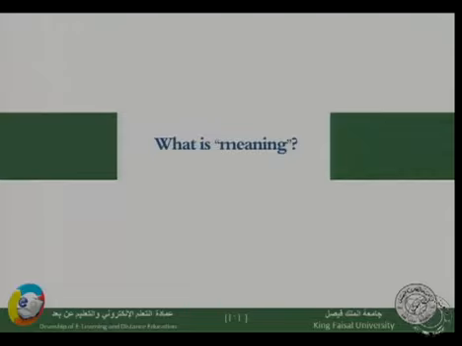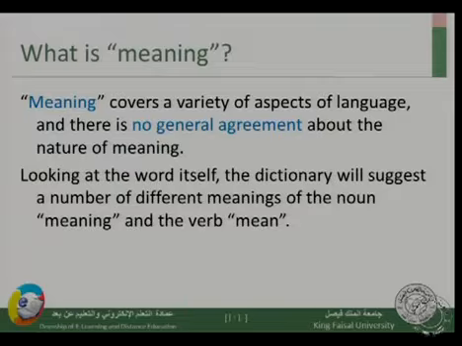Moving on to something else, we said that semantics is a study of meaning. So meaning is an important word here, and what does it mean? What does meaning mean? And this might be circular here. What is the meaning of meaning? So meaning covers a variety of aspects of language, and between semanticists there is no general agreement about the nature of meaning.